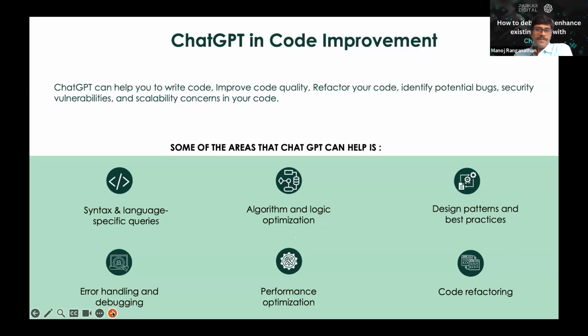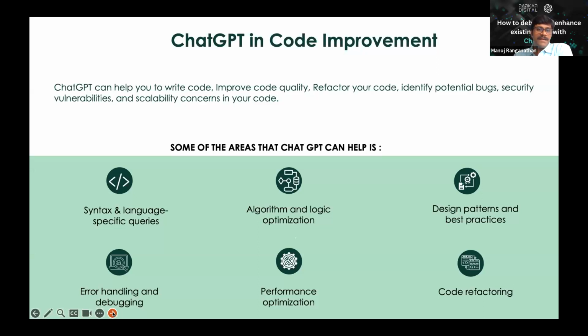Performance optimization is another area we tried with ChatGPT. It offered suggestions on improving the performance of the code. It can guide you in identifying and resolving performance bottlenecks, optimizing your algorithm, utilizing appropriate data structures, or leveraging concurrency techniques.